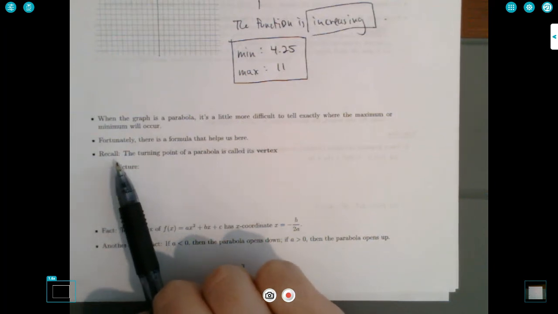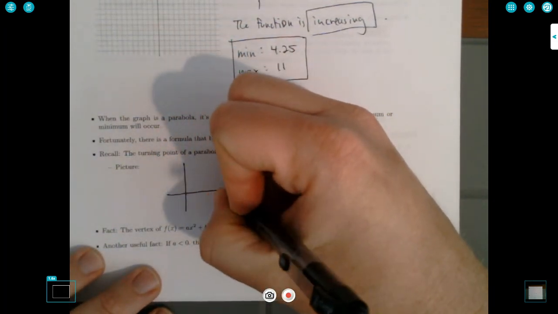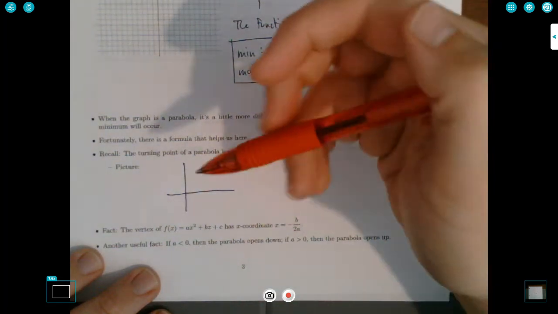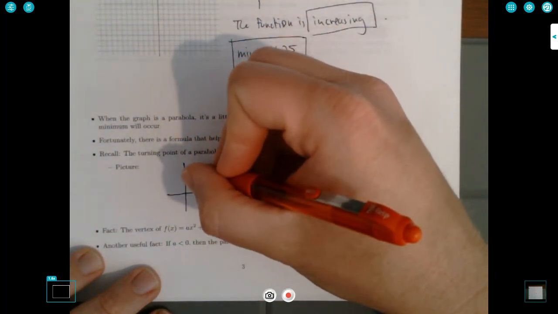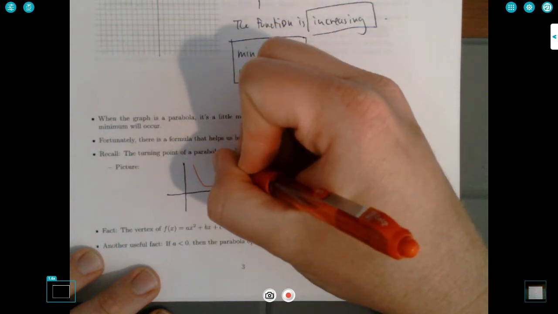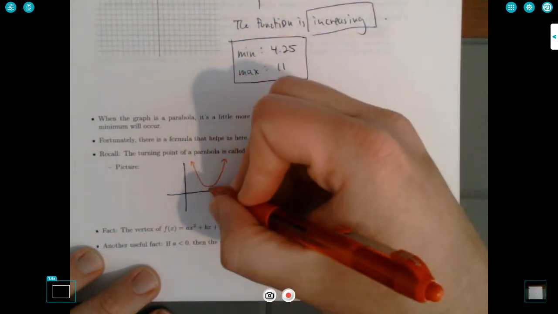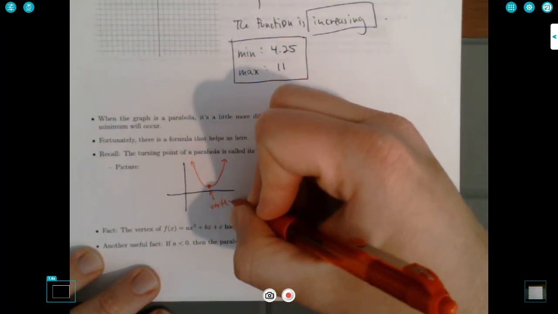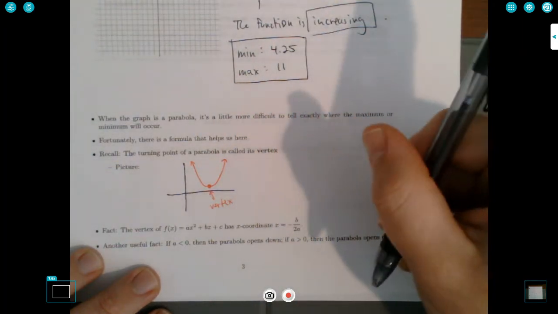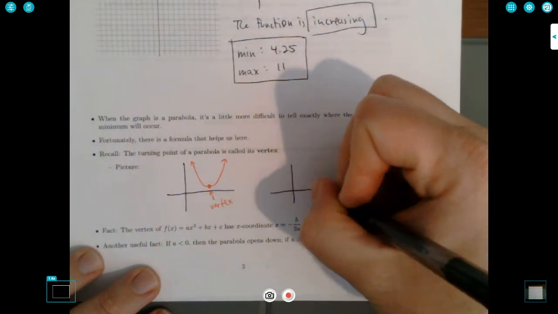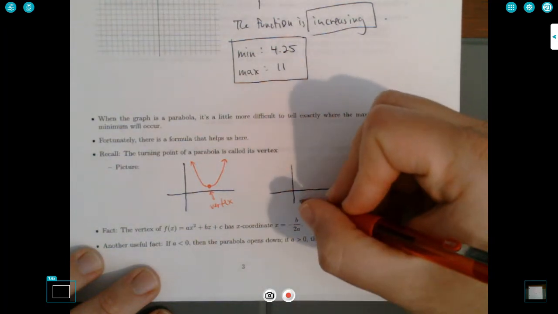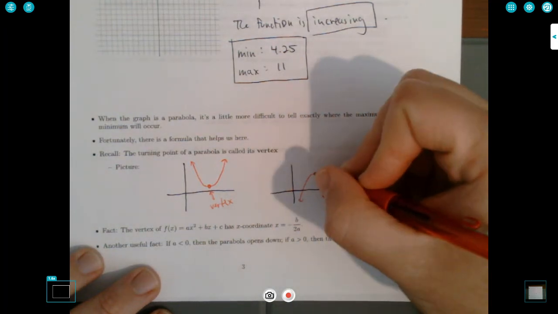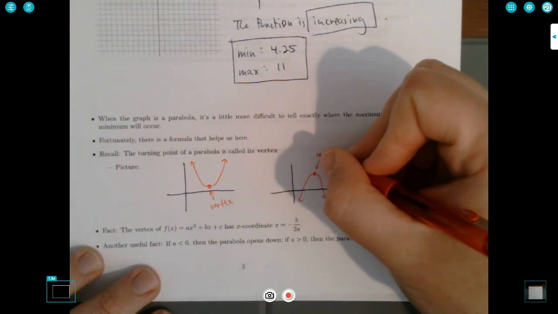You may recall from your algebra days that the turning point of a parabola is called its vertex. Remember, a parabola is the shape that you get when you graph a quadratic equation, and it's sort of like a V shape but with a curvy bottom. That point right there would be called the vertex. Or you could have a parabola that opens upside down like that, but the turning point is still the vertex.